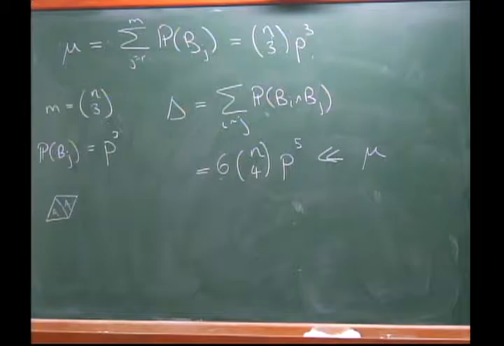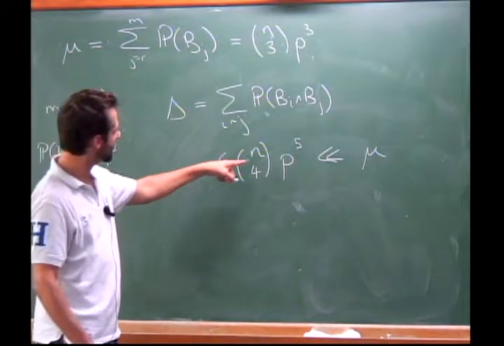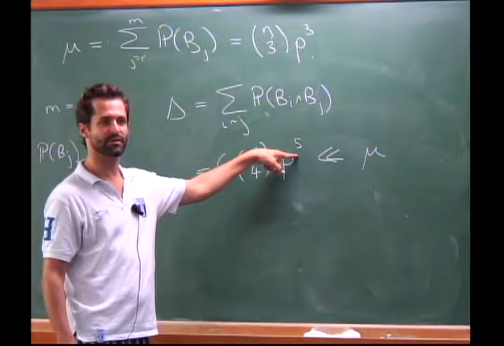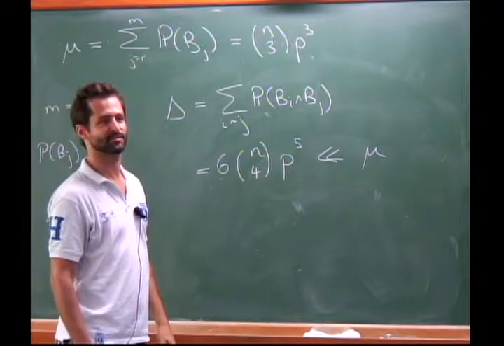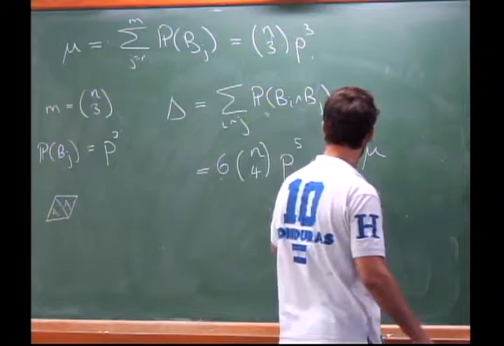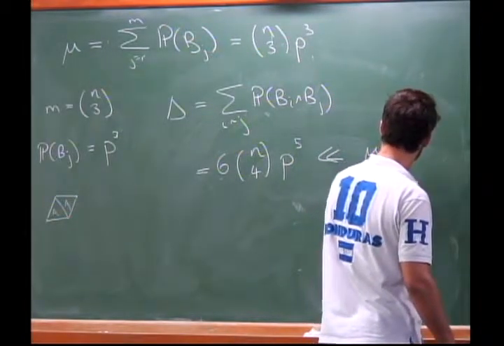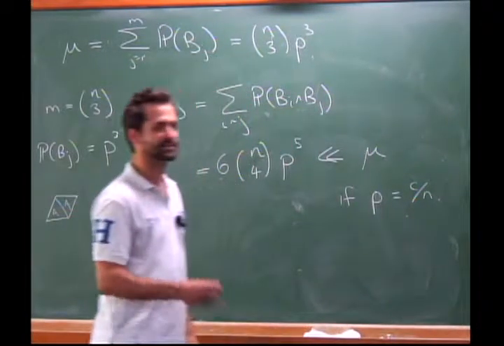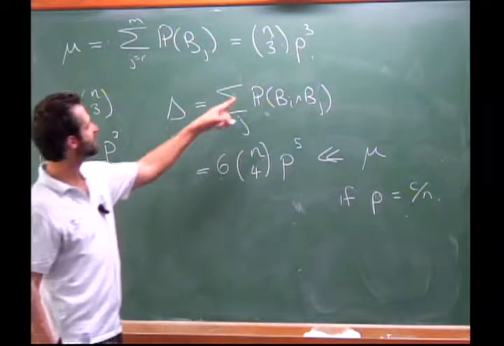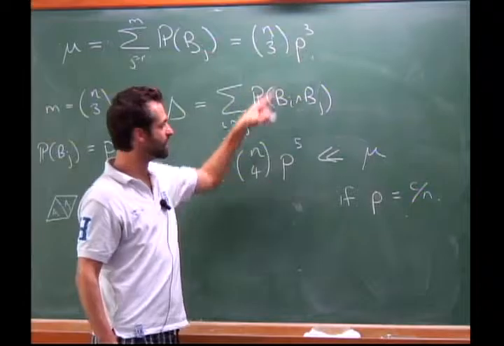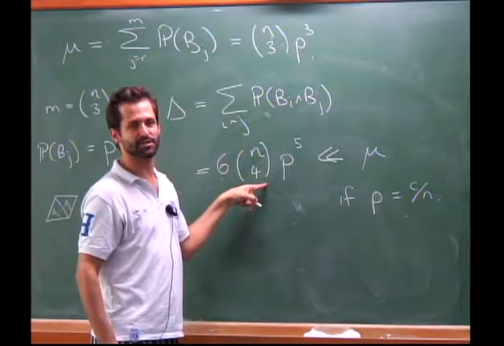It's much smaller than mu because it's basically n to the 4 times p to the 5, which is basically p times a constant. Right. This is if p equals c over n. So mu is basically a constant. It's like c cubed over 6. And delta is about p times a constant.